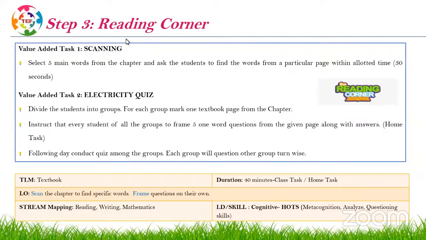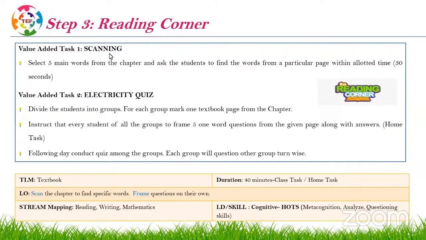And then reading corner. So even if it is a science chapter, the teacher must give ample scope for the student to read the content, to read the topic, right? So some activities must be planned to enrich the reading skill of the student. So here I planned two types of reading activity.